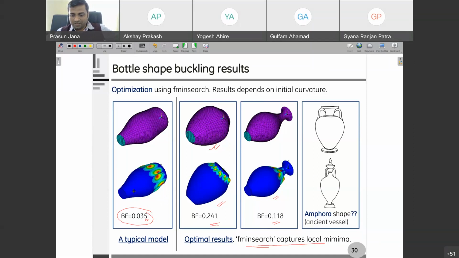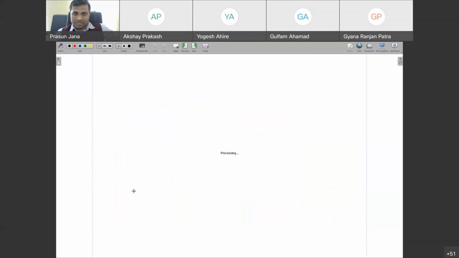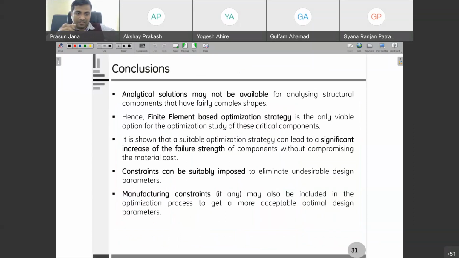With this, the conclusions we have from this study are: when there is some geometry and loading involved where analytical solutions are not possible, then we can go with a finite element based optimization study.